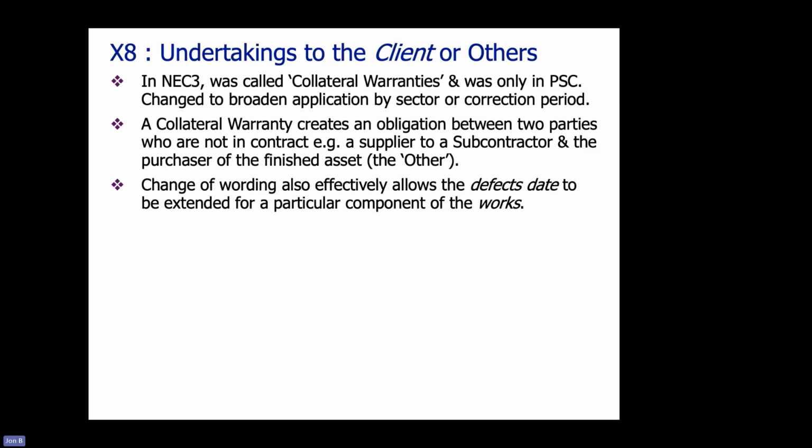Now, fortunately at month 23, my previous watch conked out, and rather than going back to the internet reseller, I went straight to the manufacturer and said, your watch has conked out. Can you replace it under the manufacturer's warranty? A collateral warranty is similar in that it creates an obligation between two parties who aren't in contract.